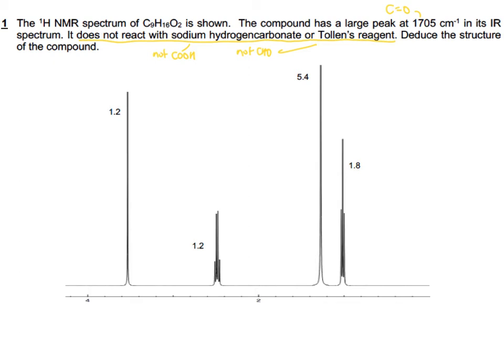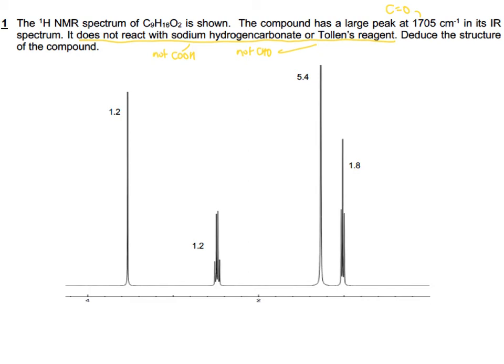So the next thing I'm going to look at is the integration values, which is going to help me work out how many hydrogens there are. One of the things you'll notice is they're not just giving us a nice number like 3 and 1 and 6. They're giving us these values like 1.2, 5.4, 1.8. So we need to turn these into integers, whole numbers.